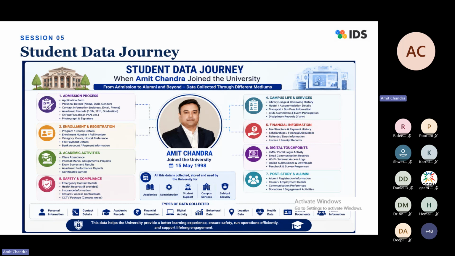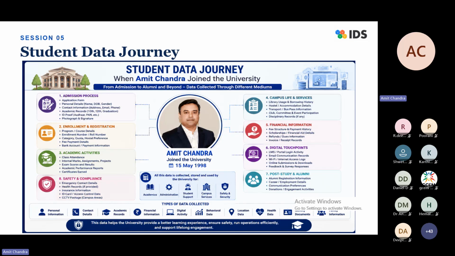Then enrollment and registration, then academic activity, and safety compliance, along with campus life and journey: library usage, browsing, hostel, transportation, along with financial information and digital touchpoints, such as biometric, multi-factor authentication, user ID, password, and Wi-Fi. Then post-study and alumni. These are the entire touchpoints where, as a student, I shared my information with the university.